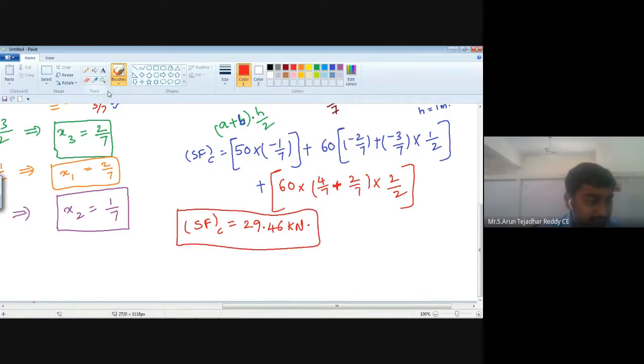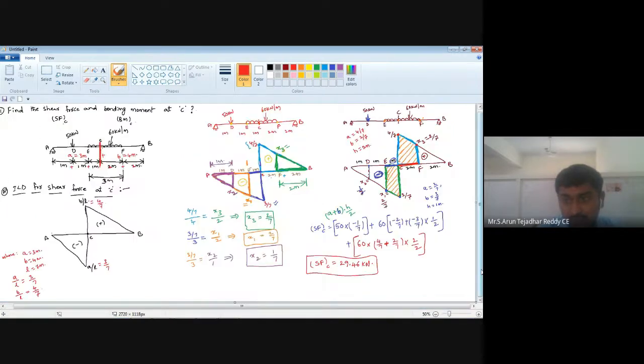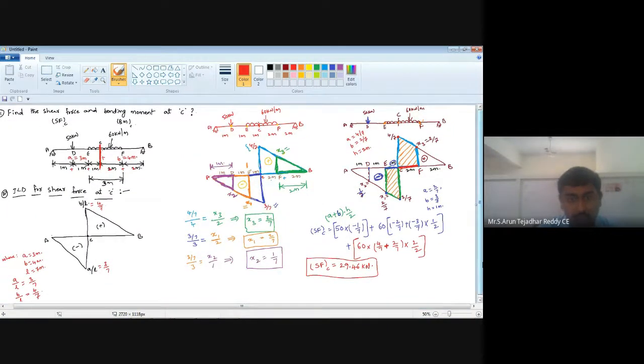Shear force at C is equal to 29.46 kilonewton. All of you take a screenshot. See, up to here, this is only shear force at C. This part is completed. And we have bending moment at C also.